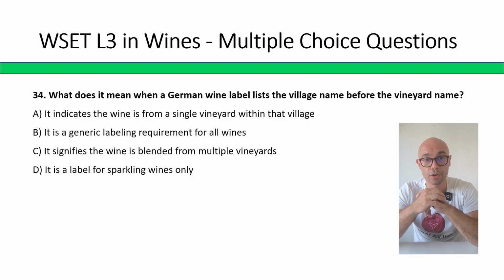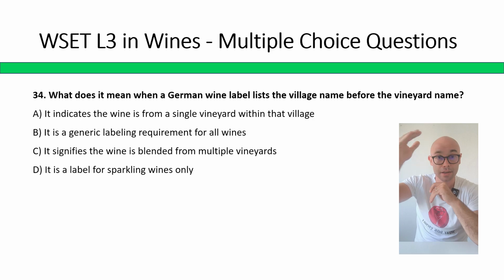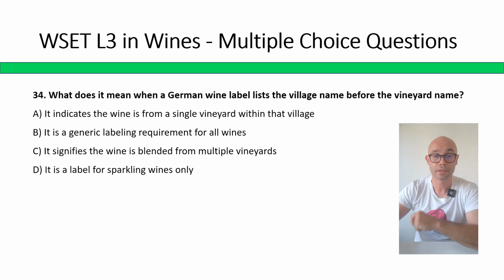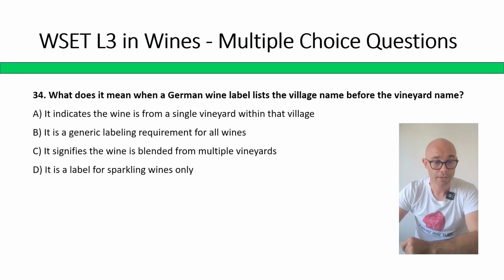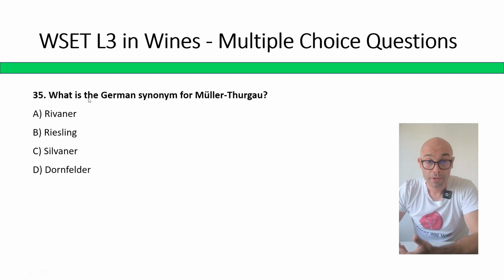Most probably the wines are going to be in this GG quality level, which indicates Grand Cru wines, Premier Cru wines, regional wines, village wines. And then you need to know the names of specific villages.